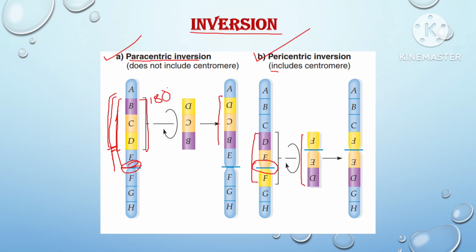Pericentric means the rotation includes the centromere, and paracentric means the centromere is not included. As you can see here, there is involvement of the centromere, so we call it pericentric inversion. I hope it's clear.